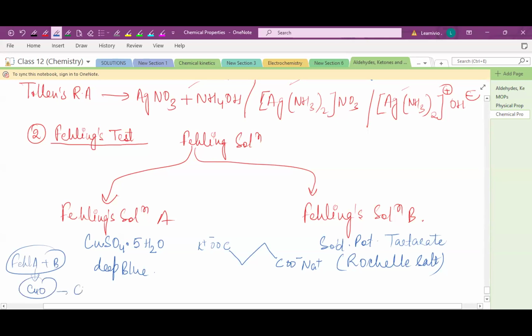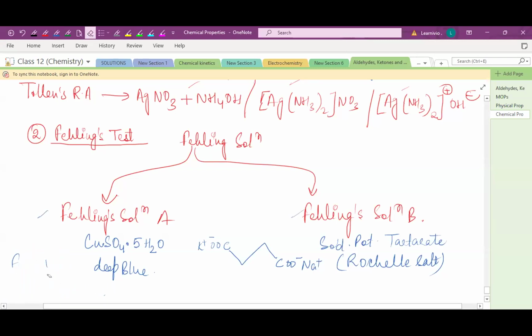Copper is in the plus two oxidation state, and this combination gives you a copper 2 complex which is not stable. It would quickly break down in the alkaline solution if stored together. So that's why we don't combine them. When you have to perform the test, only then you combine Fehling solution A plus B. That's why they are kept separately.